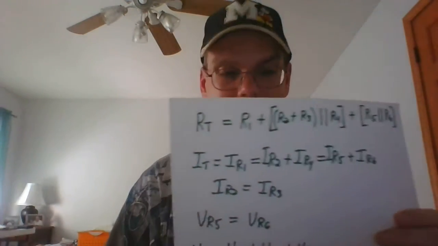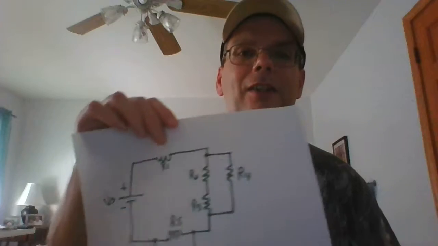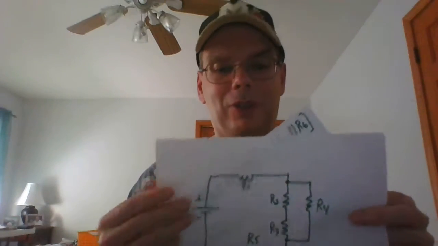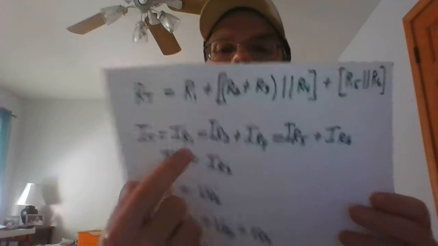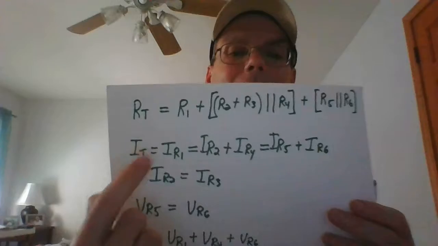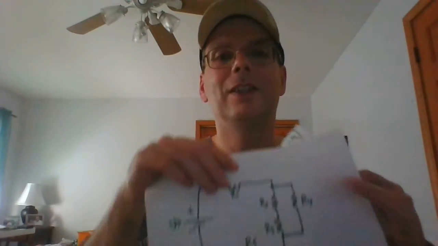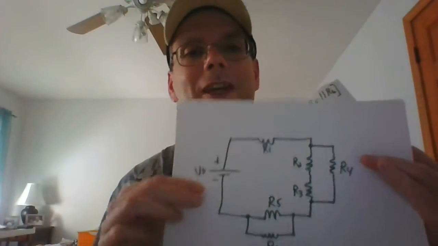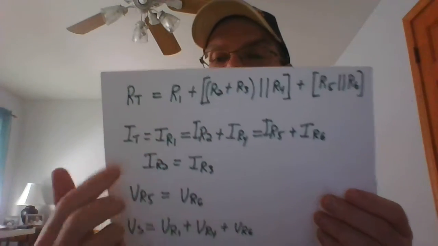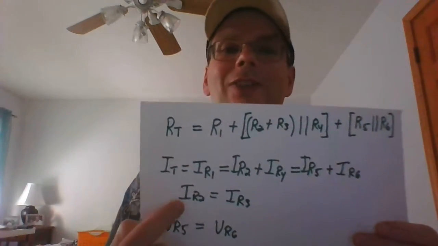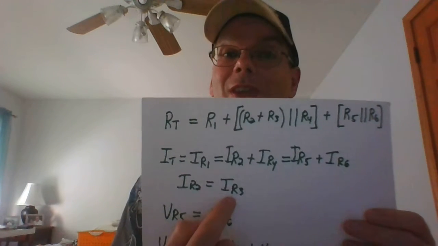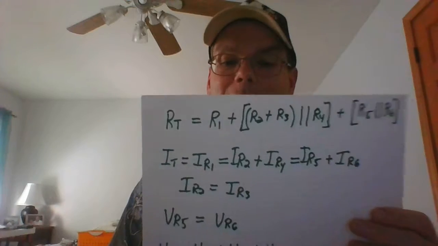It hits this junction here where the current splits. Some current goes here, some current goes here. So at that junction, we apply Kirchhoff's current law: IR2 plus IR4 is equal to the total. And then it comes back together and hits this last junction, so you can see I5 plus I6 is equal to the total. We can also say IR2 and IR3 are the same because they are series elements.